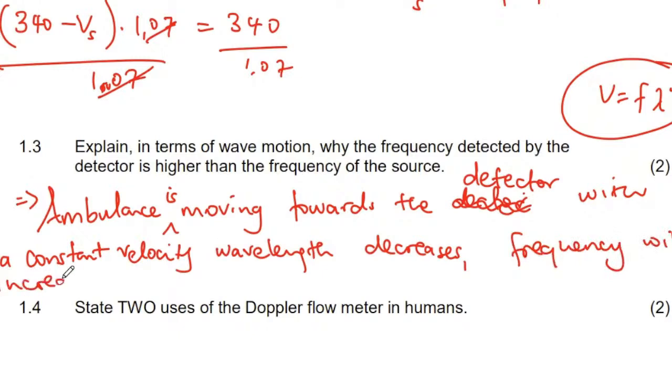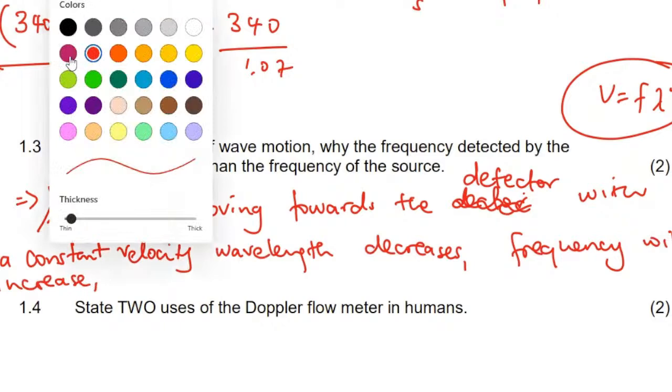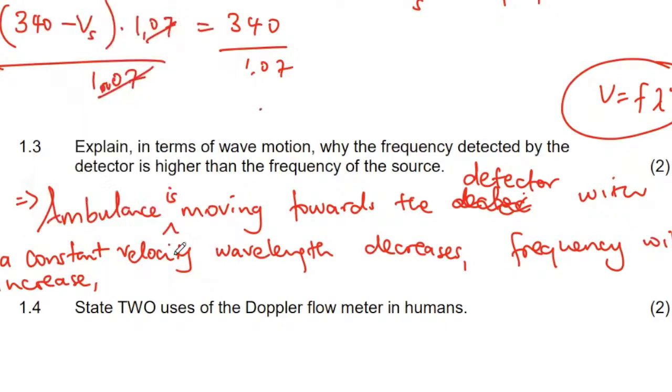Alternatively, since the ambulance is moving towards the detector with a constant velocity, we know that wavelength is inversely proportional to the frequency. So as the wavelength increases, the frequency decreases. But in this case, the wavelength is decreasing since it is getting closer to the scene of the accident.